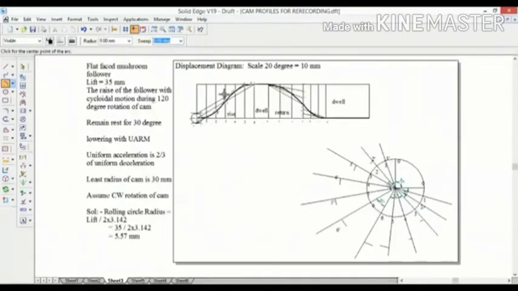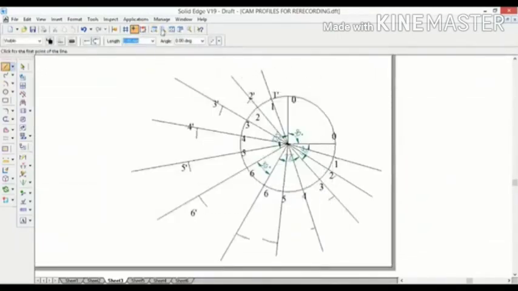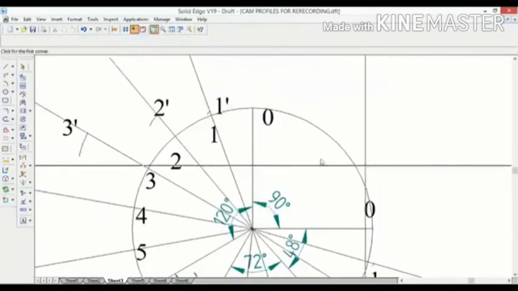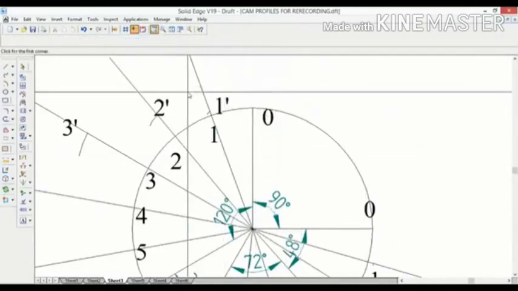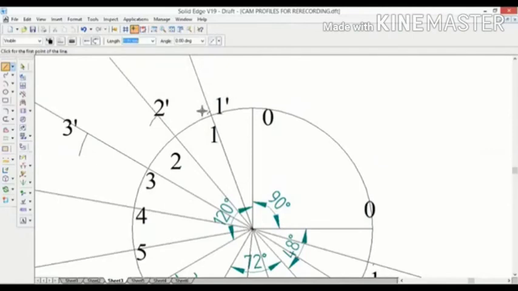Now for the flat faced mushroom follower, we need to draw the tangent lines. So construct a tangent line for this 1 dash arc. For this 1 dash arc, draw tangent.